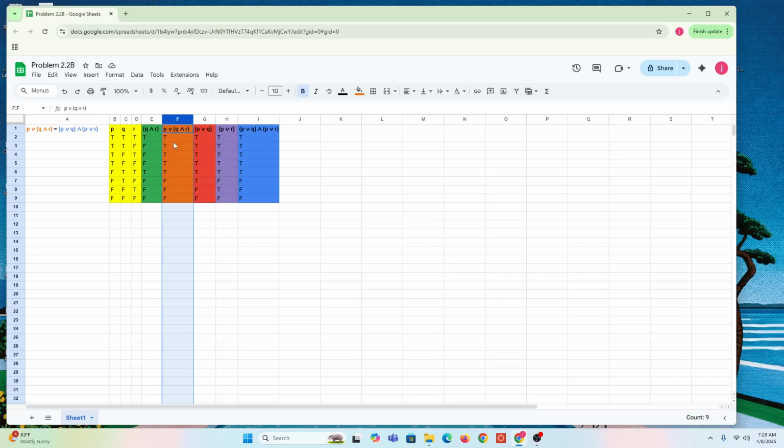And to get these truth values, what I did is I consulted the P column and the Q and R column that we made. And because this is OR, only one of them needs to be true for this value to be true. So what I did is I consulted P and then the Q and R column, and as you can see here, these are both true, and so we get true.